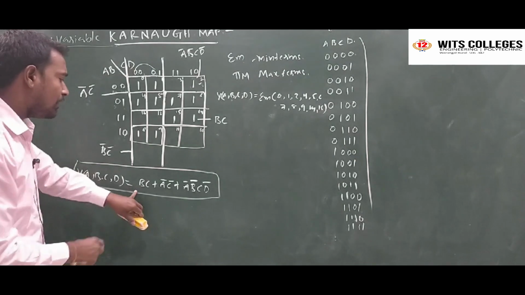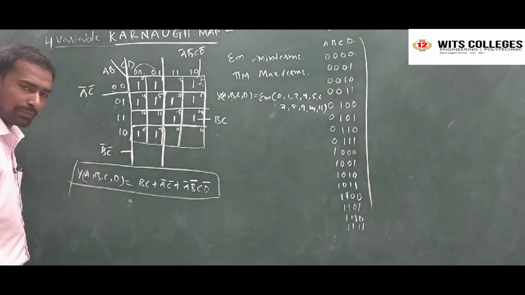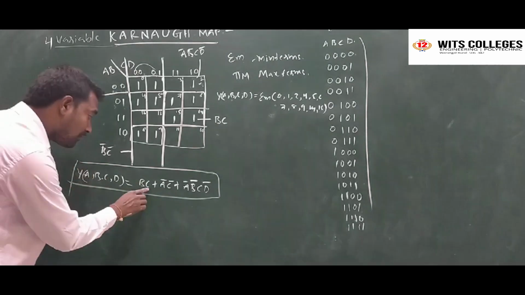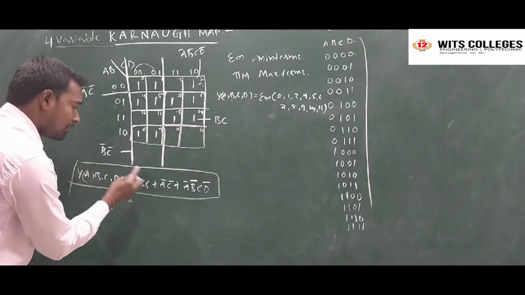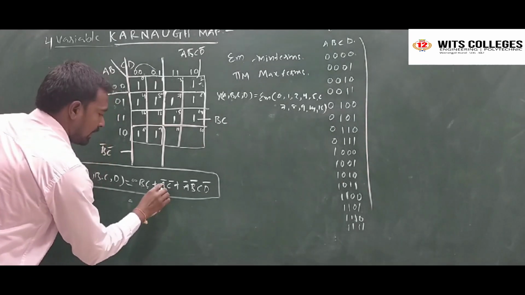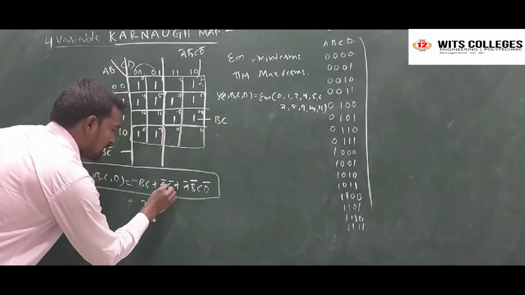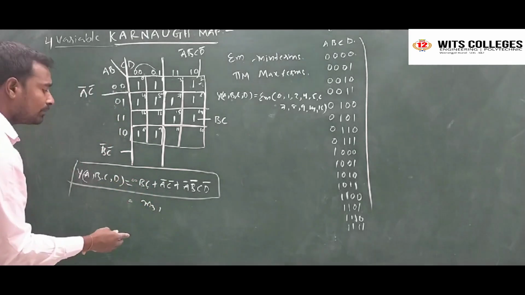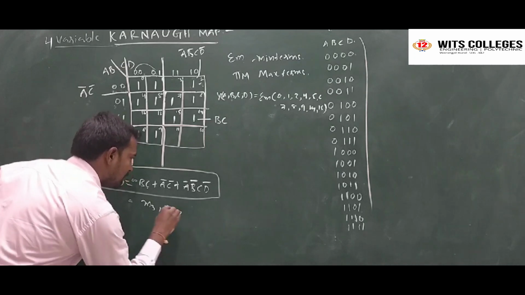Okay, if we write these all as min terms, then we will get: b is equal to 1 and c is equal to 1, then we take 0 0 1 1, which is m3. Here a bar is equal to 0 and b is equal to 1 and c bar is equal to 1 and d is equal to 1, that means 0 1 0 1, which is m5.